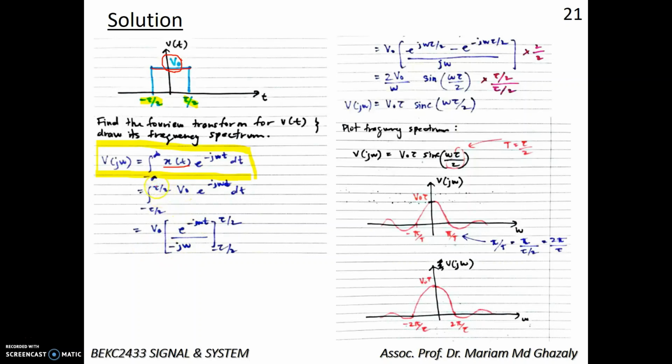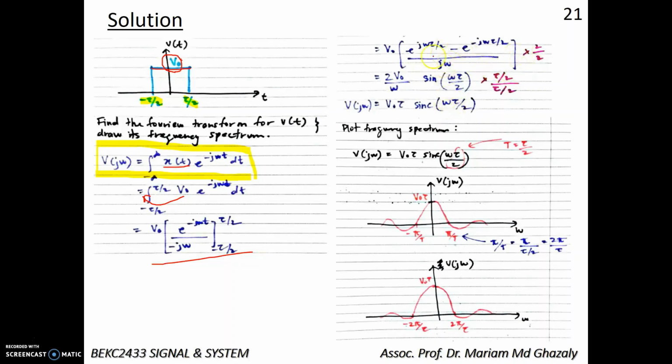Then you do the integration for this V naught and you will have this equation. Take V naught outside, and then V naught e to the minus j omega t over minus j omega, from tau over 2 to minus tau over 2. Then we would like to transform this equation using Euler's equation, into either sine theta or cosine theta.